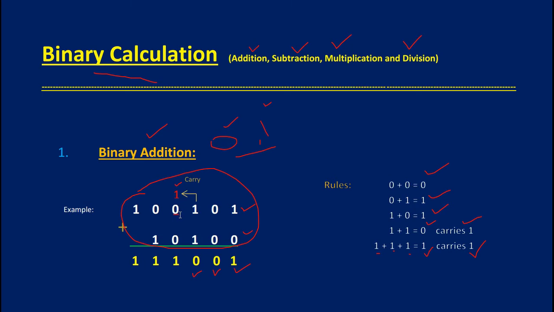Now this 0 will be changed into 1. So now 1 plus 0, the answer will be 1. Now 0 plus 1, the answer will be 1, and the 1 is alone, so we write 1 here. So now the answer for these two binary numbers is 111001. This is the answer.